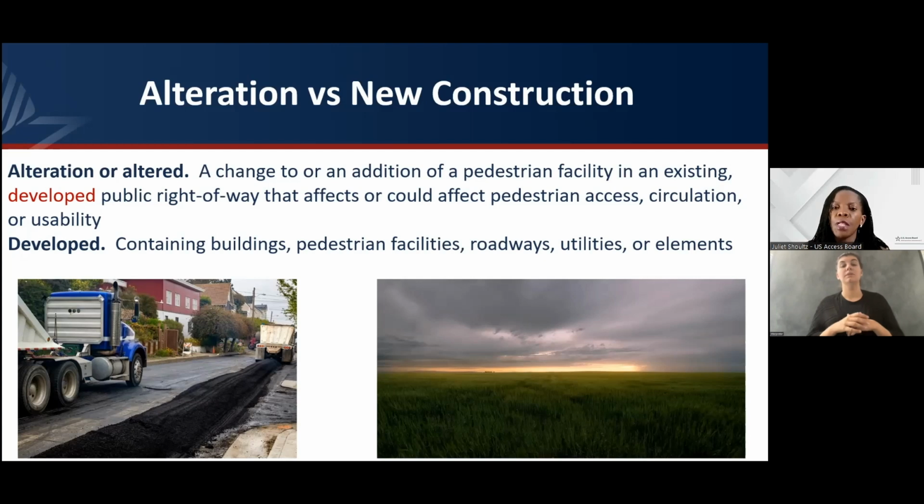Taken together, the board expects full compliance with the requirements for new construction on undeveloped land, so greenfield essentially, while any construction undertaken in an existing developed right-of-way is expected to comply to the maximum extent feasible, where existing physical constraints make compliance with applicable requirements technically infeasible.